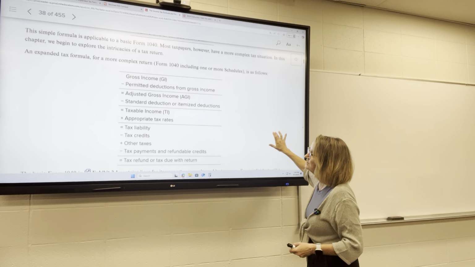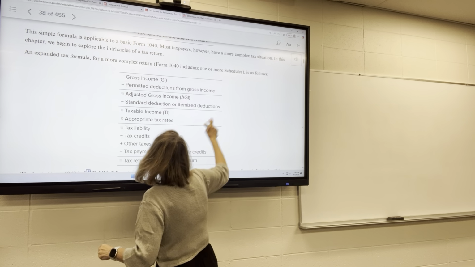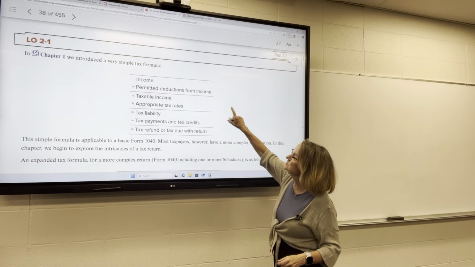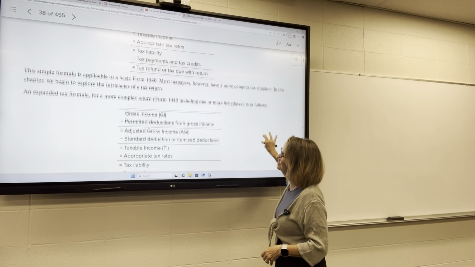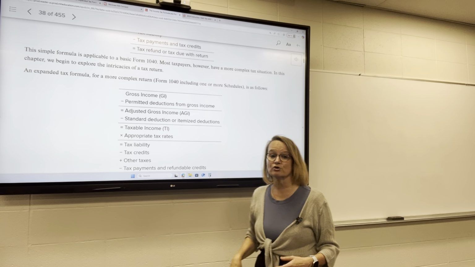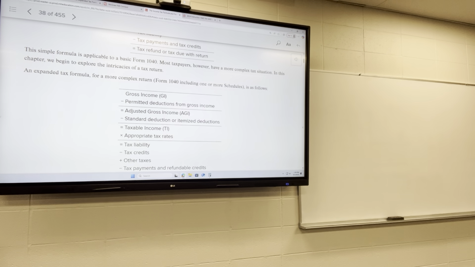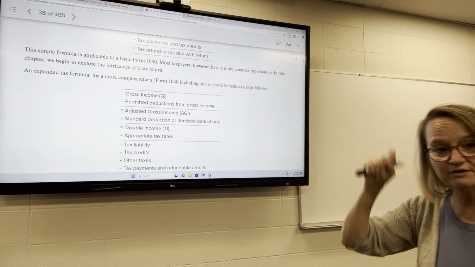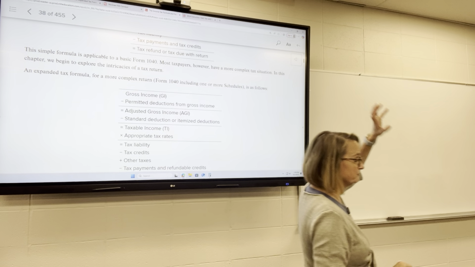Now, we're going to change a couple of things here. Up here we started with just our total income. We're going to change the terminology a little bit and call it our gross income. So the total amount of income, and if you look at the form 1040, you see that we've got all sorts of different types of income.